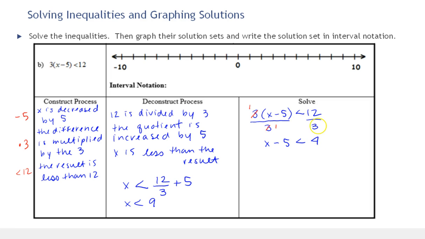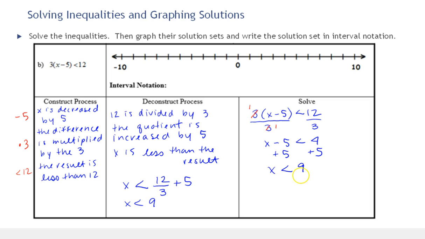Okay, so I divided both sides by a number. Now I'm going to add 5 to both sides of the inequality. And my result is x plus 0, so negative 5 plus 5 is 0, is less than 9, and that corresponds to our previous result. Now let's graph this.